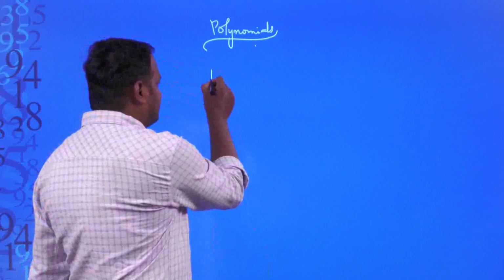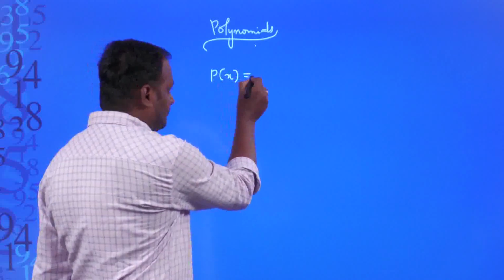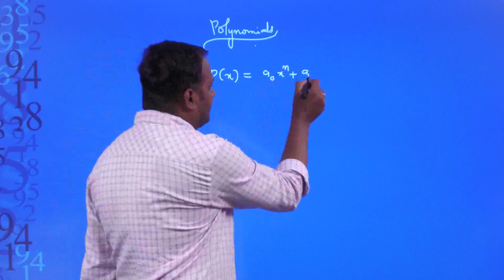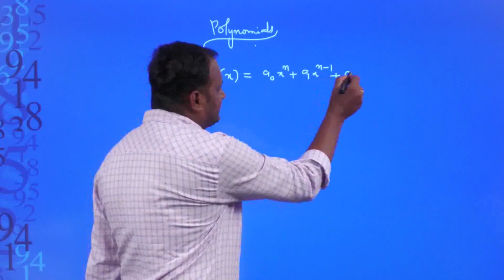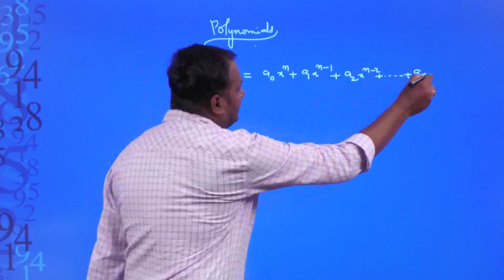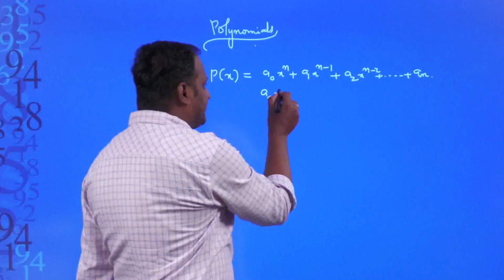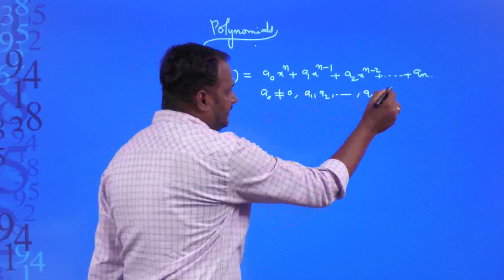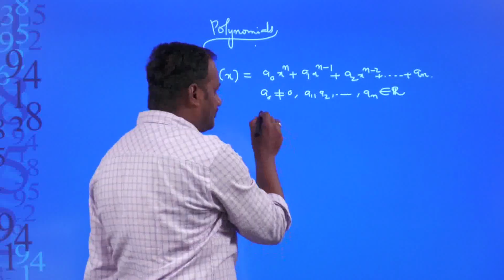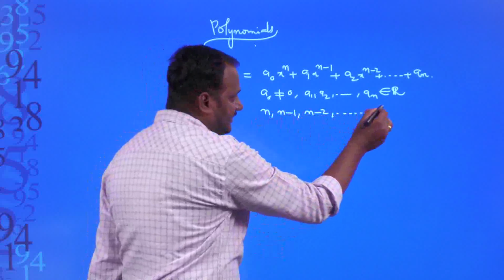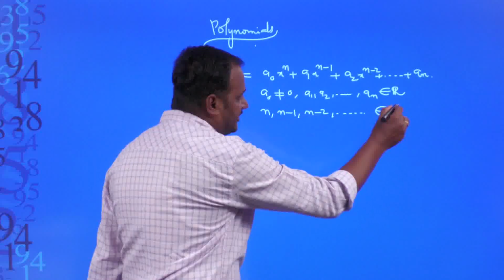Let us consider an algebraic expression in terms of x, which is equal to a0 x to the power of n plus a1 x to the power of n minus 1 plus a2 x to the power of n minus 2 plus so on plus an, where a0 is not equal to 0, a1, a2 and so on an are real numbers, and moreover n, n minus 1, n minus 2 and so on are non-negative integers. What do you mean by non-negative integers?